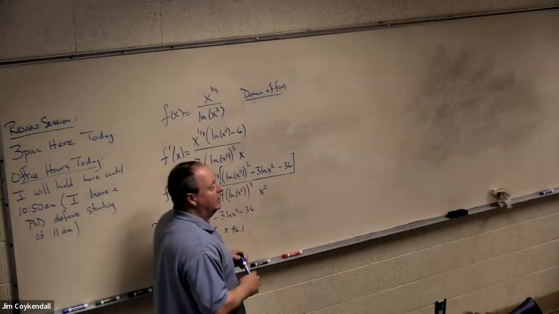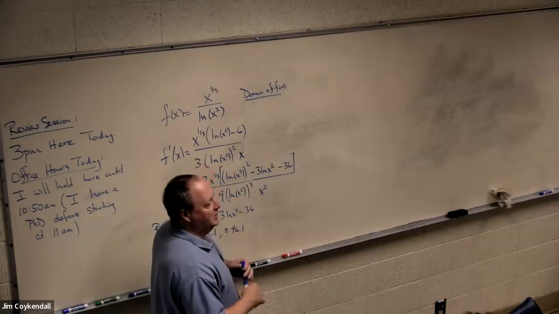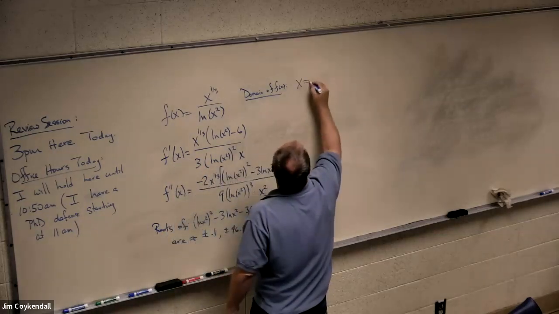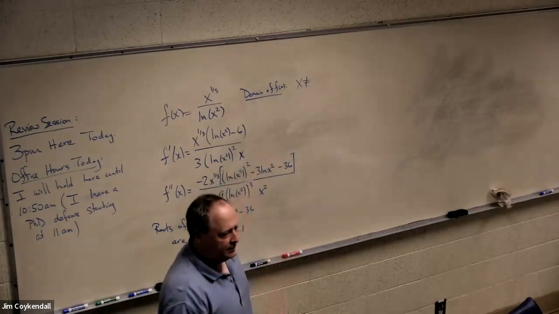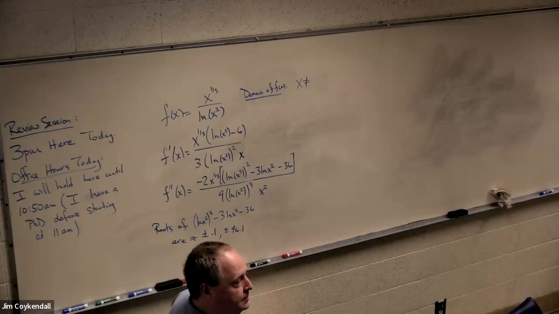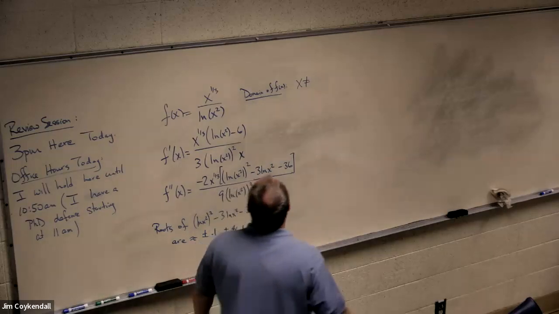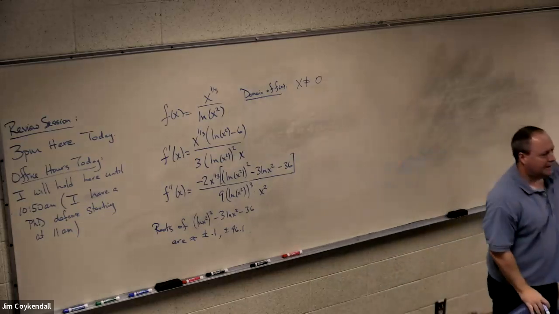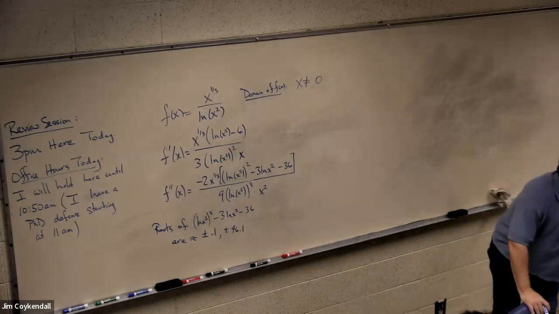You can plug in every real number except for a couple of problems. What do we have to throw out? Zero. You have to toss zero, because you can't even plug that into the log, right? That's why that's off the table. Everybody agree with that?